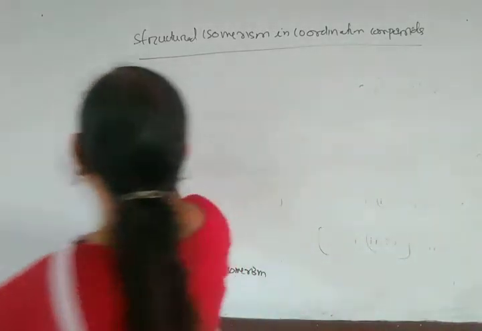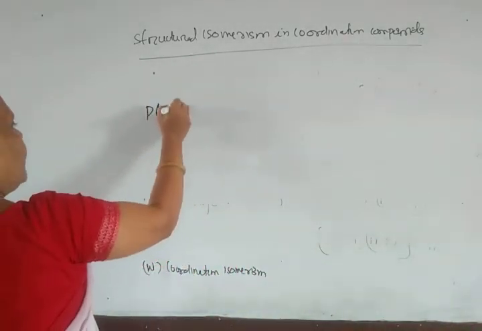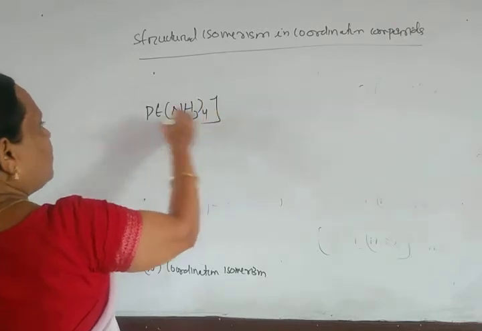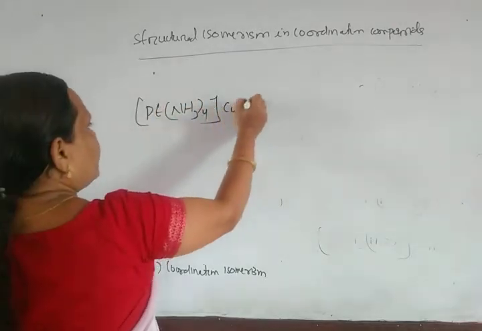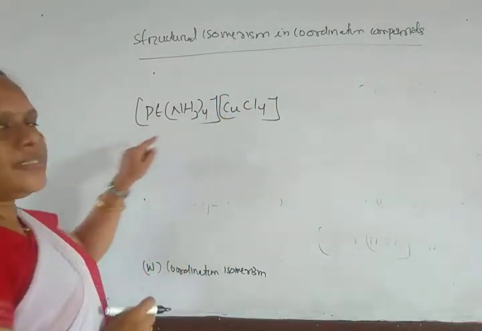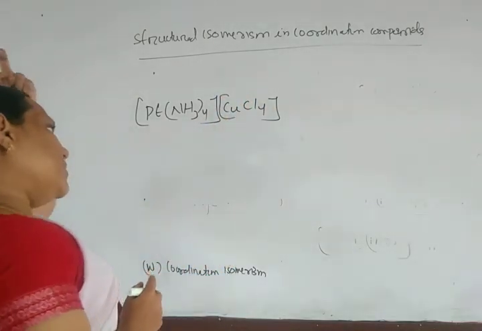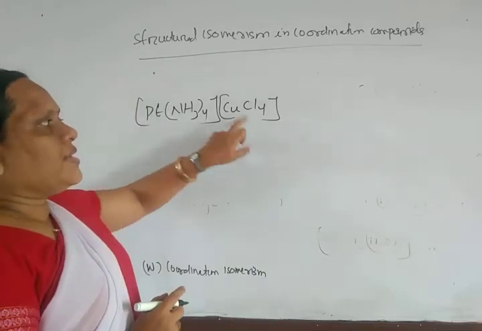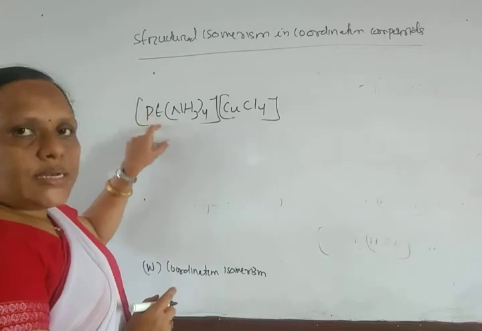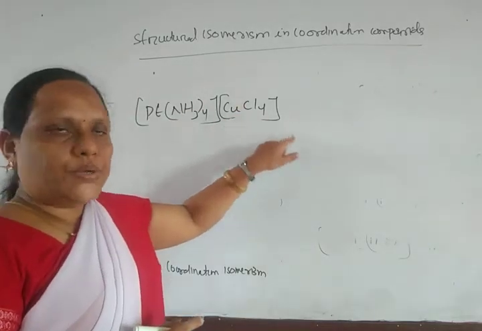Look at one example. [Pt(NH3)4][CuCl4]. So this is the positive part, this is the negative part. So tetraammineplatinum(II) tetrachloridocuprate(II).